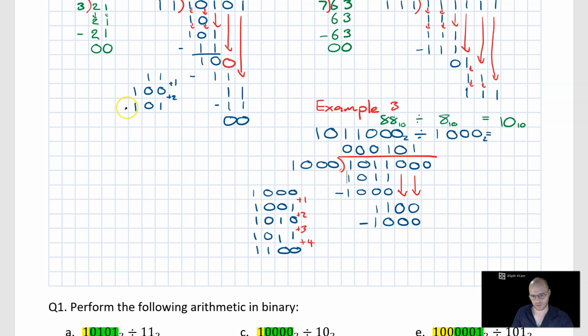Therefore, the difference between the two is 4, so we're going to put a 1 here, and then 00. Now, bringing this final 0 down, how many times does 1000 fit in 1000? The answer is 1 time. So therefore our resultant value is 1011.